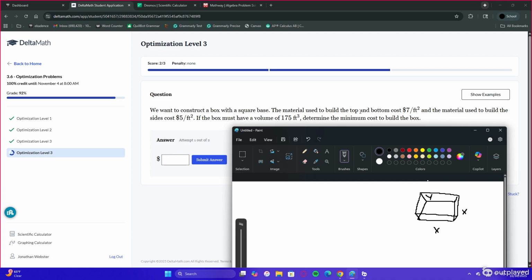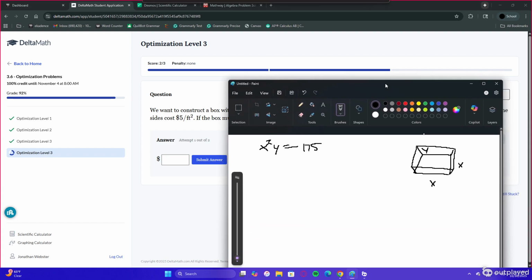The top and bottoms cost $7, and the material used to build the sides costs $5. And this box has a volume of 175 feet cubed. So we can find our volume first by doing length times width times height. So x times x times y is x squared times y, which is equal to our volume, 175. And getting y by itself, y is equal to 175 over x squared.